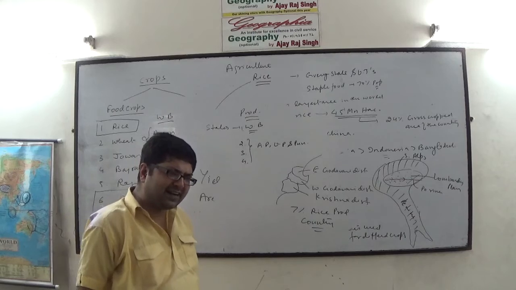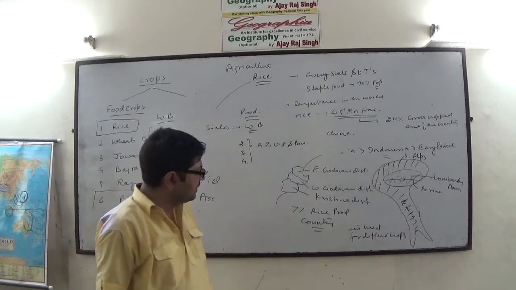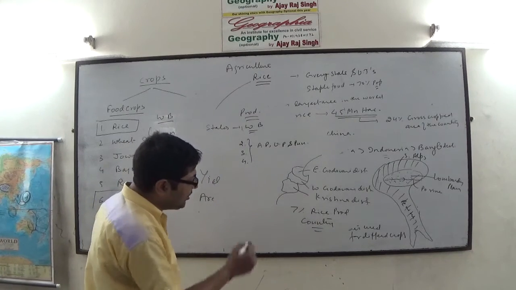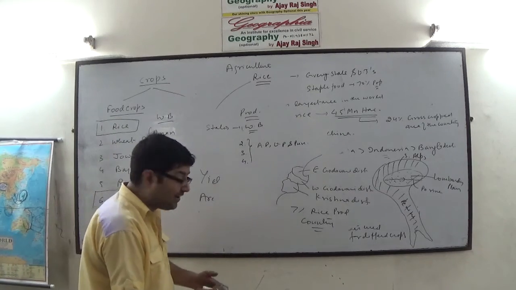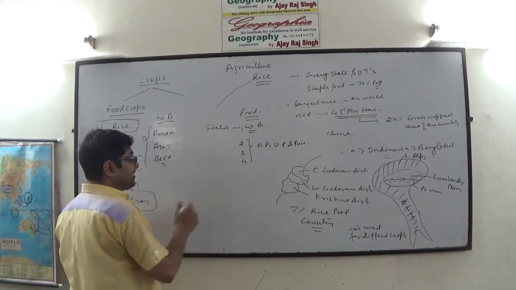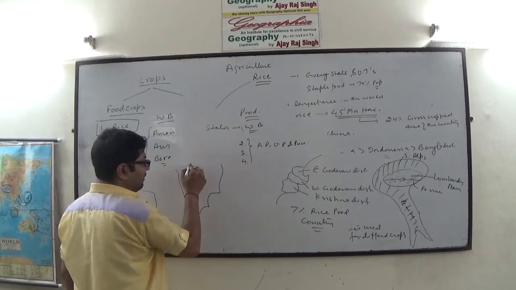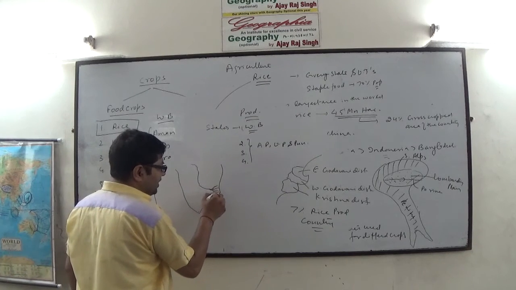I discussed the area: West Bengal, UP and Odisha. These three are the largest rice producing states of the country. After these three districts, we come on to Tamil Nadu. In Tamil Nadu, in Kaveri Delta, there is Thanjavur district.